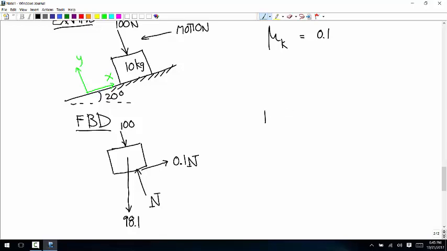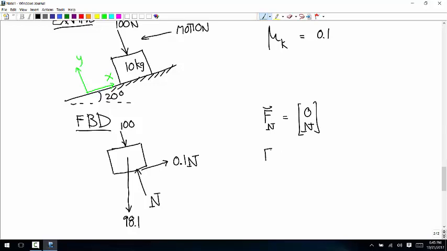So I'll call this Fn, the normal force. That's what I said above, it always is 0, Fn. So that's great, it's easy. The friction force, is that in the positive or negative x direction? Positive.